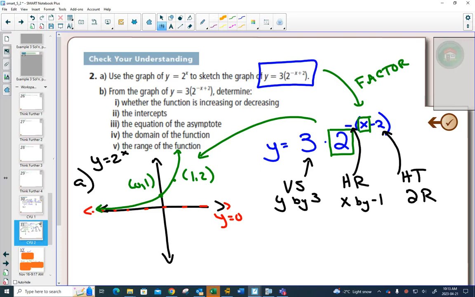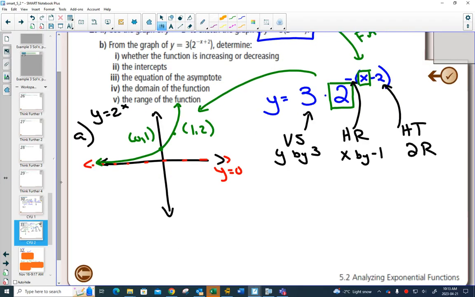We've got our graph of 2 to the x, our parent graph off to the side. We have to do our transformations, and for exponential functions, we're going to do it the same way that we did it back in our first unit in transformations. So a little review. What did we do in transformations? We listed our original points. I'll do them in green here.